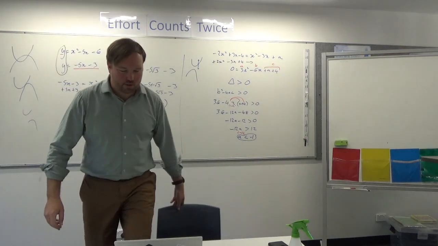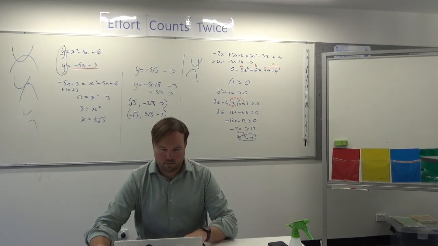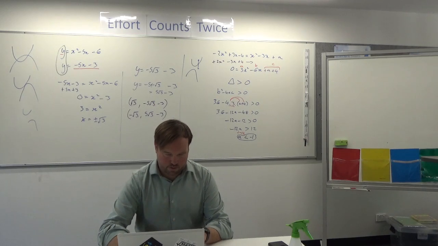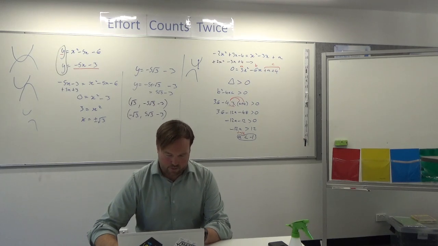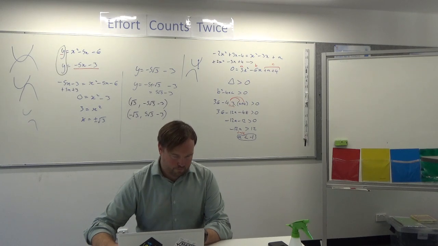Did you guys want to see what the graph of that looks like? We've got minus 2x to the power of 2, plus 3x, take 4, and x to the power of 2, minus 3x plus a.